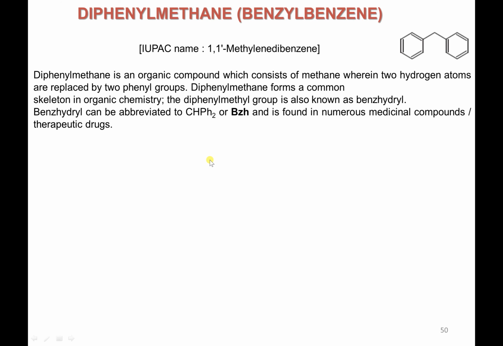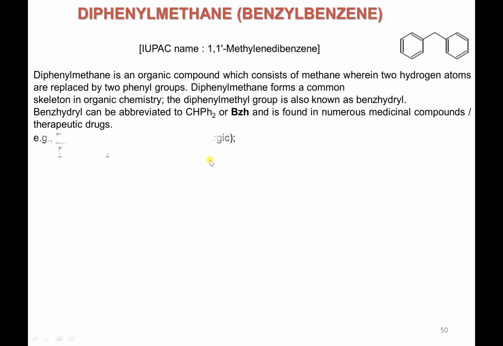Diphenylmethane is a common skeleton in organic chemistry. The diphenylmethyl group is also called the benzhydryl group. It can be abbreviated as Bzh, or it can also be written as CHPh2, and it's a part of numerous medicinal compounds and therapeutic drugs.